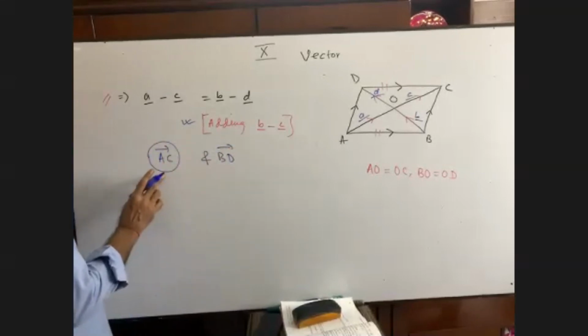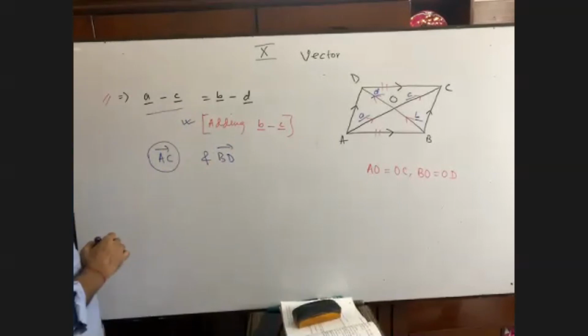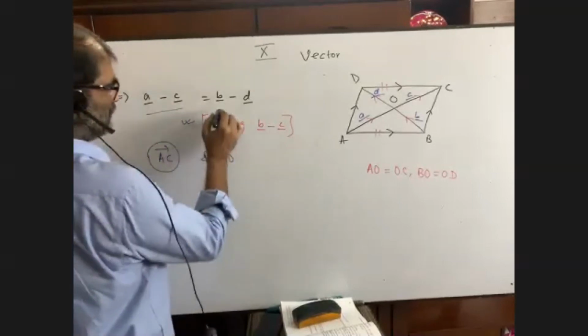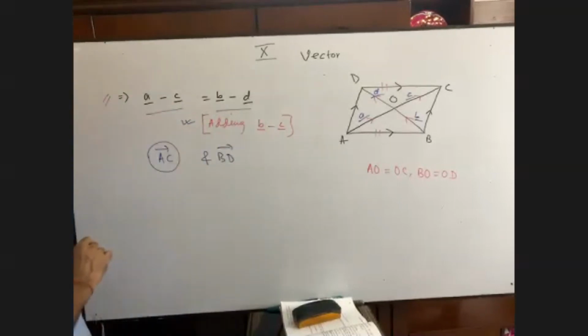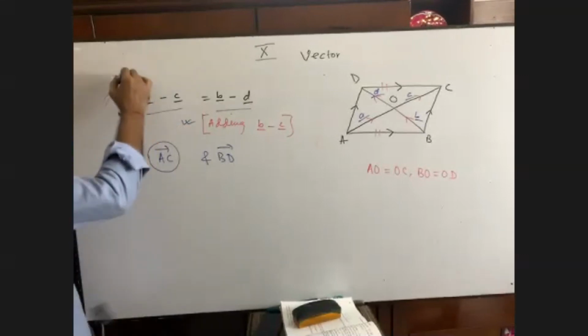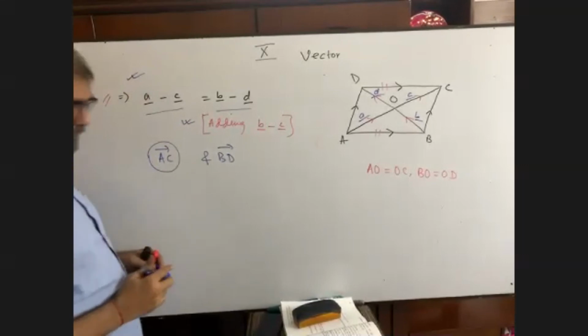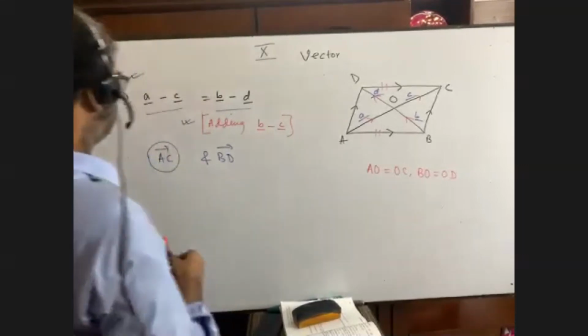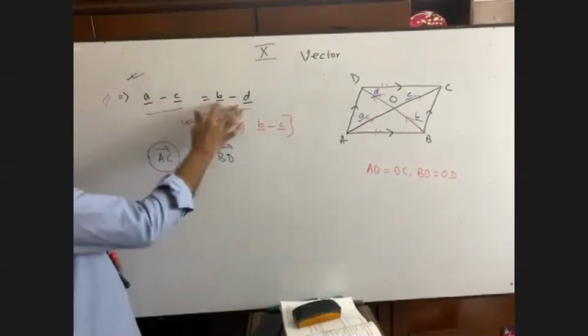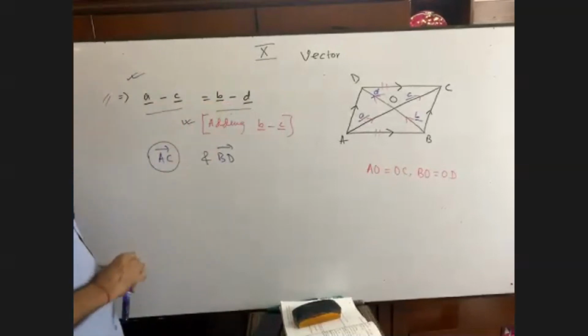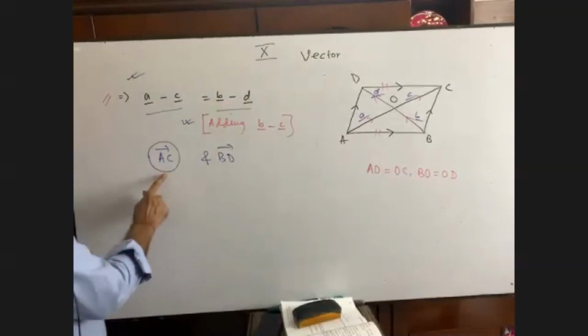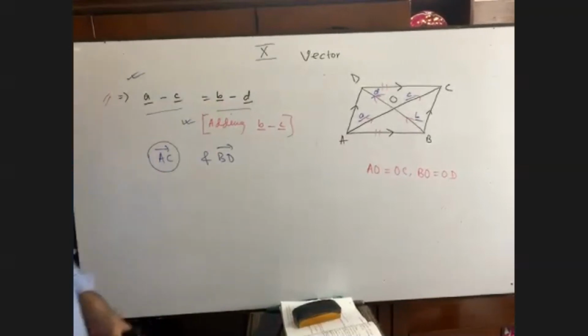AC is the line of support of A minus C. BD is the line of support of B minus D. But they are equal here. Then if they are two equal and non-zero vectors, their lines of support will be same or parallel.